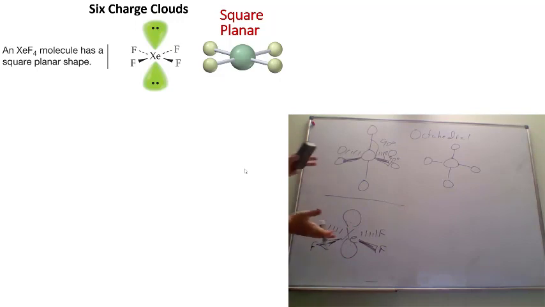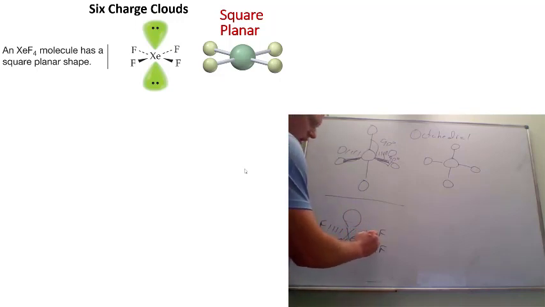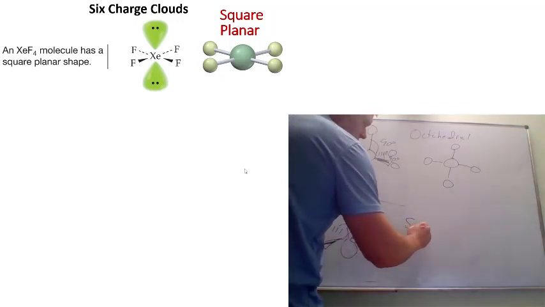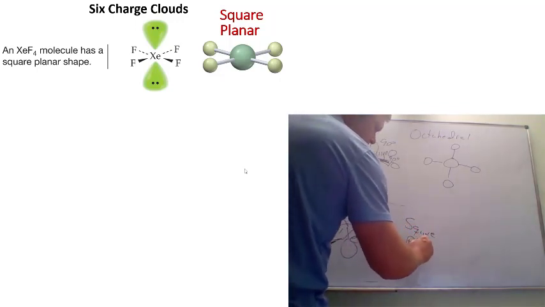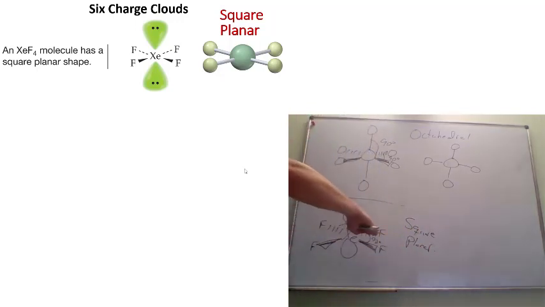And so these lone pairs are going to equally push on these fluorine atoms, so there's not going to be any deflection in the angle. And all we're going to see here is 90-degree angles between all of these individual sets of 3 atoms. And so here we have called square planar. All right, and if we look on the side here, it's all the way in a plane, just like trigonal planar. If we take a look down the side, we see it's a total plane. And if we turn it up on its side, we would see that square shape.